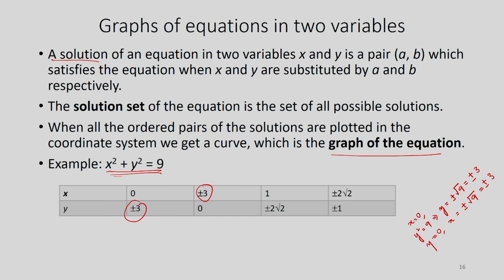Okay, suppose instead of 0 you put x is equal to 1, okay, then what do you get? 1 plus y square is equal to 9. So, y square is equal to 8, implies y is equal to root over 8, that is 2 root 2. Okay, that is what I have written here.